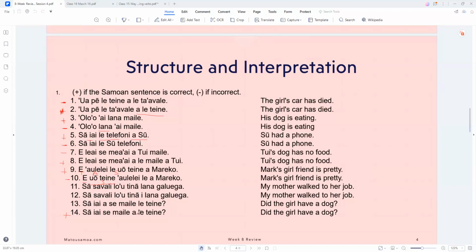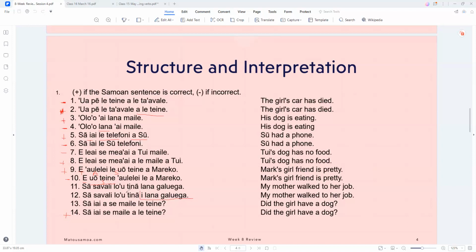And since we have one more minute, why number 12 instead of number 11? Sa savali is like a little tense marker, action, my mom, subject, then to location, her job or work. So this begins our location here.